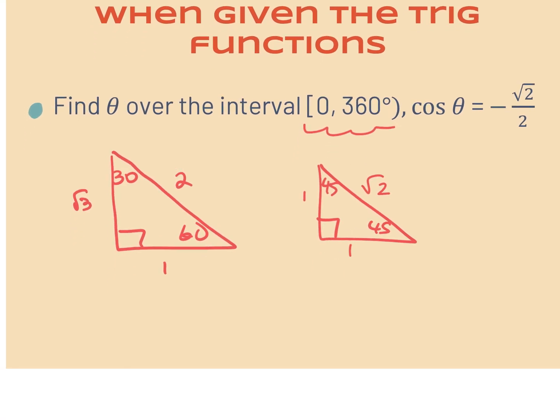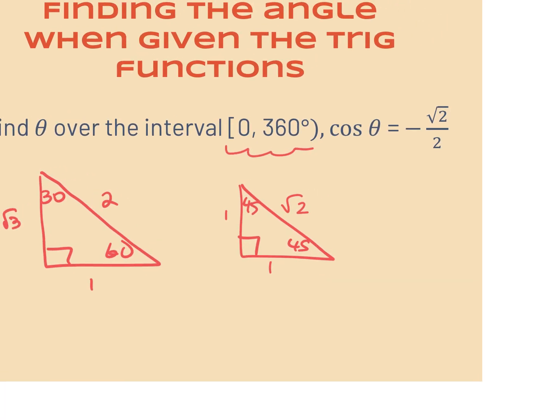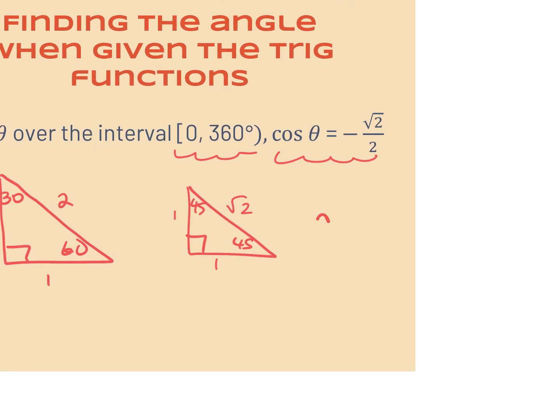So here we can see they want us to find the angle measure theta when it equals negative square root 2 over 2. Again, as soon as I see a square root 2 here, I know my reference angle is going to be 45. So remember, cosine is going to be adjacent over hypotenuse.